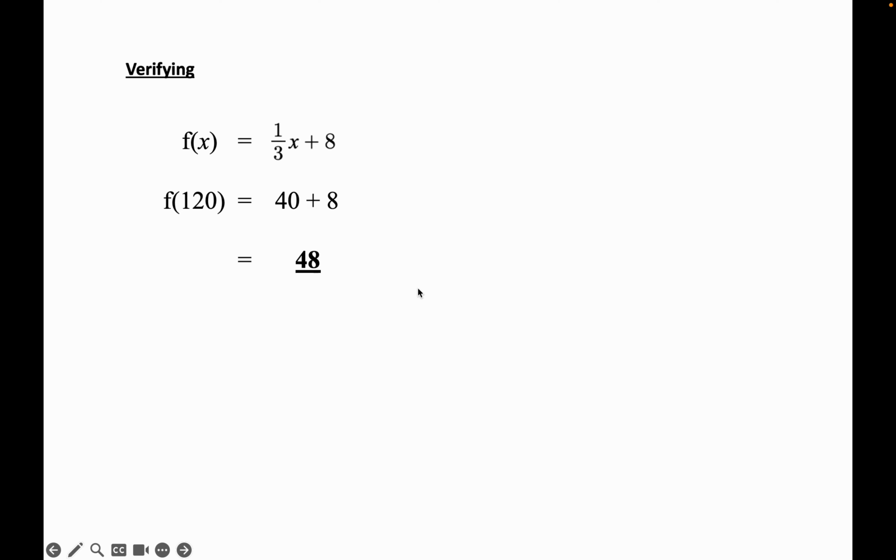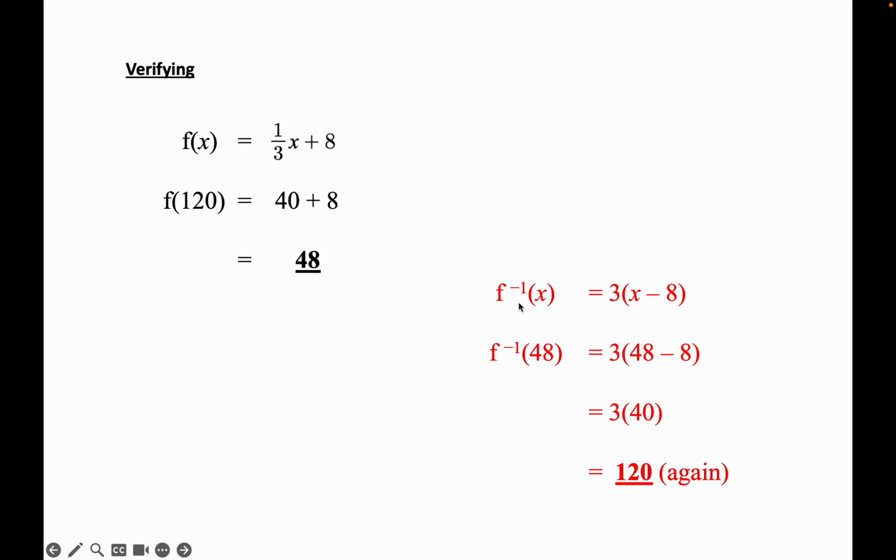So if I take that 48 and stick it into the inverse function, it should get me back to 120. The inverse function was f minus 1 of x equals 3 times x minus 8. So f minus 1 of 48 equals 3 times 48 minus 8, which is 3 times 40, which is back to 120.